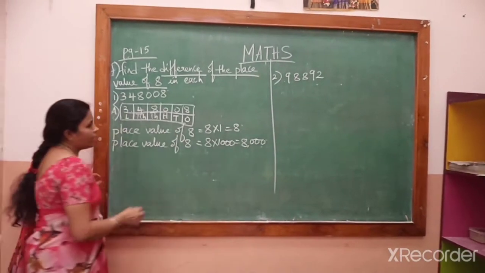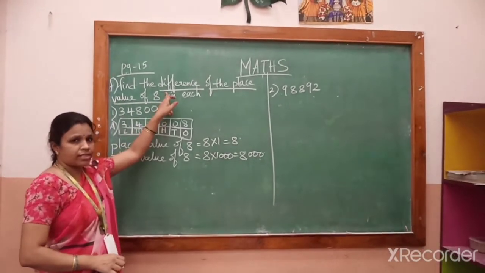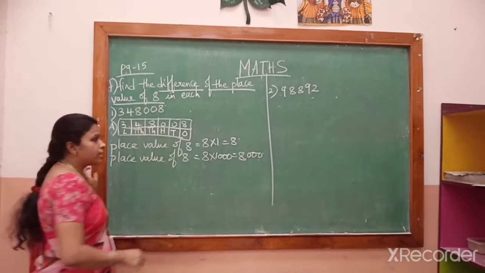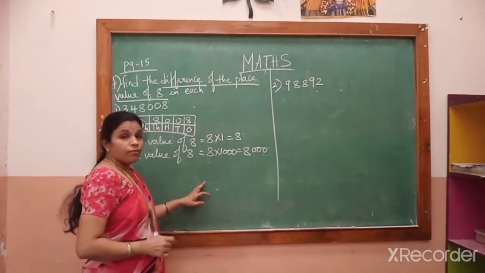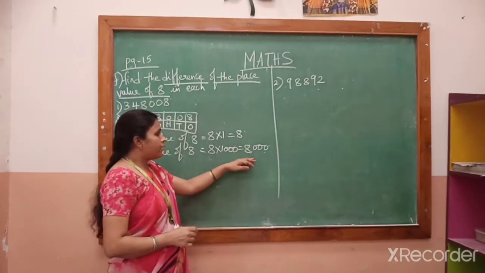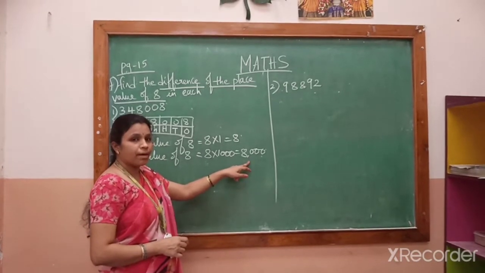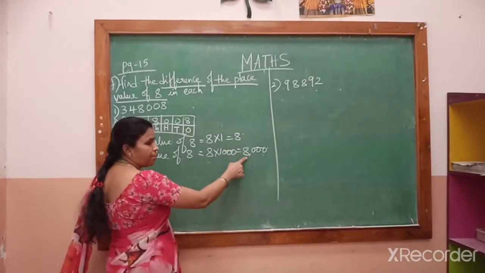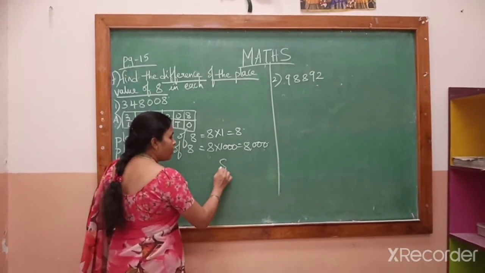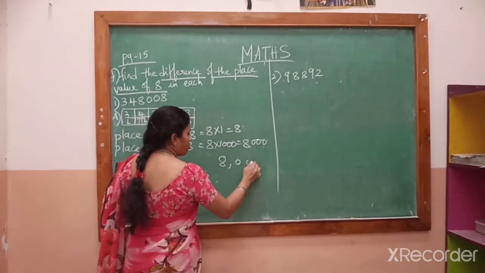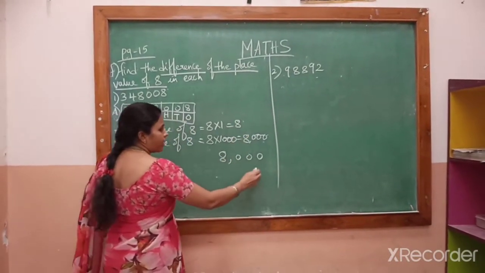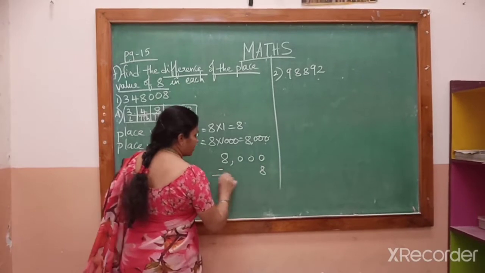Now we need to find the difference. Difference means we need to subtract. We have to take the bigger number first. That means 8,000 I should write first. From 8,000 I should subtract 8.